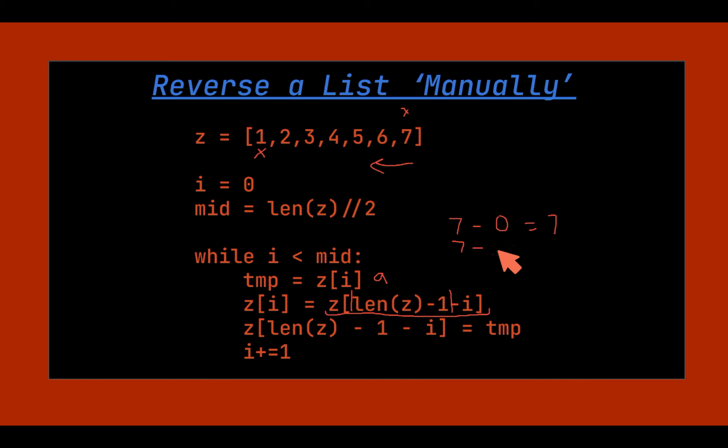It minus i this time is going to be 6. And then next time i is 2, it'll be 5. So you see, this is decreasing, and it allows you to come inward. I know that 7 probably isn't accurate in this case, but the idea holds that whatever the length of z minus 1 is, the changing i is going to make it smaller, moving it inward.